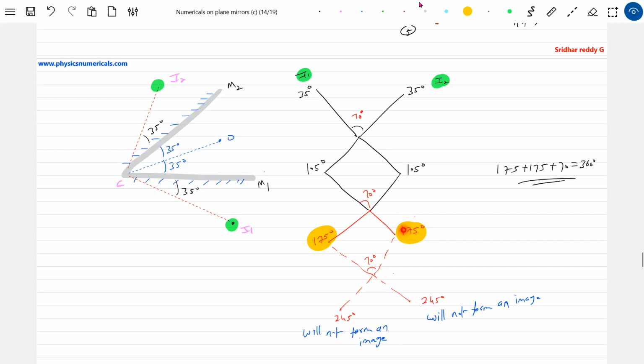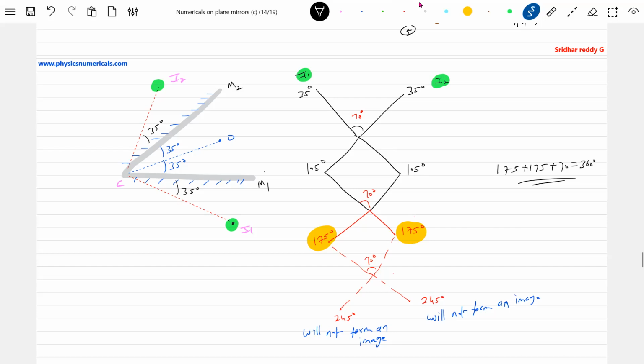So what is the rule telling? To check whether the final images made by the two mirrors coincide or merge or not, what should you do? I should add up the last angles with the angle between mirrors. If it comes out exactly 360 degrees, the final images formed by the two mirrors coincide. I'll write the statement only.